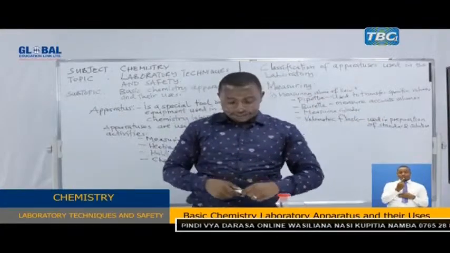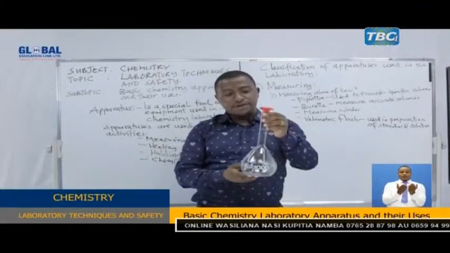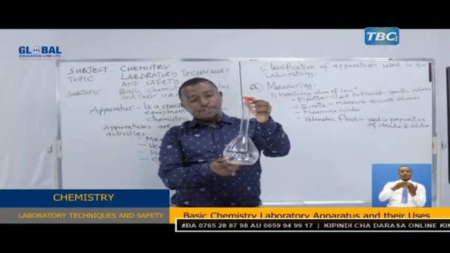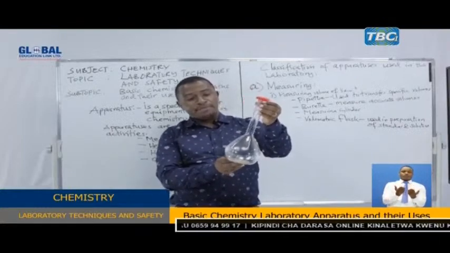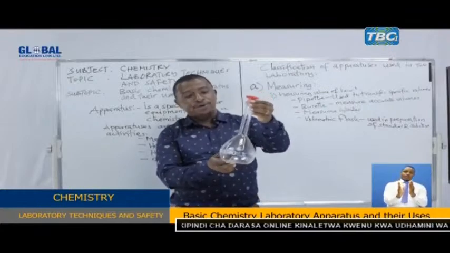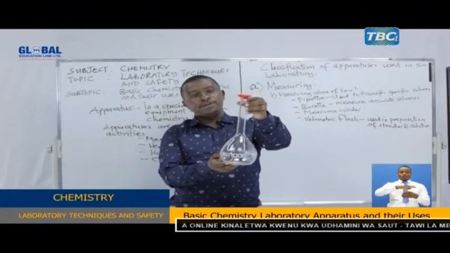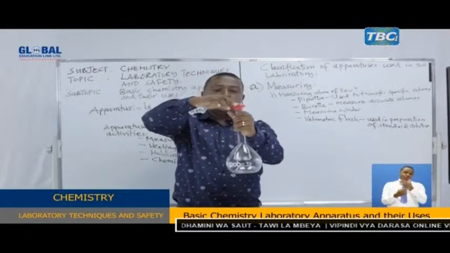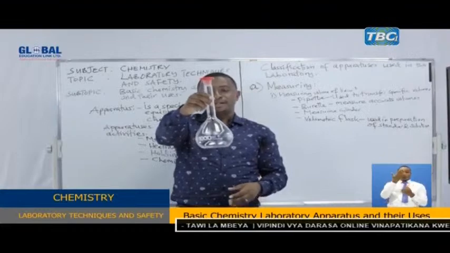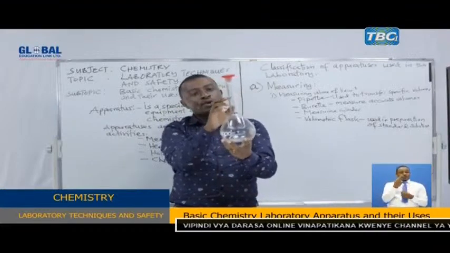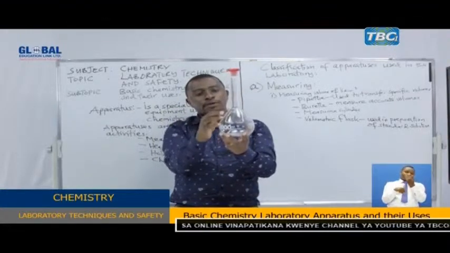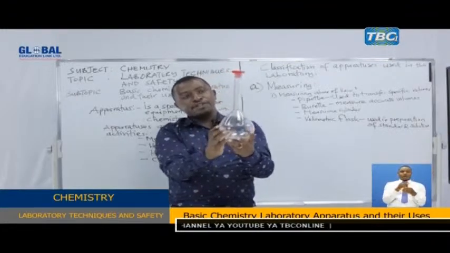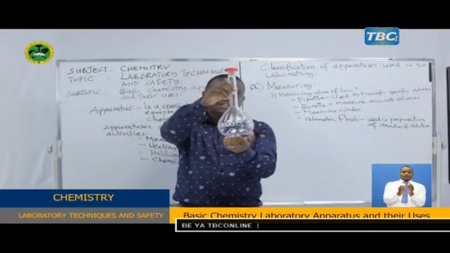As I said, it is used to measure precise and accurate volumes of liquids, and in the preparation of standard solutions. It has a stopper, you can see, and it is made of glass and is transparent. It has also a mark here. So when you reach this mark, you have fixed the volume of 1,000 mils.